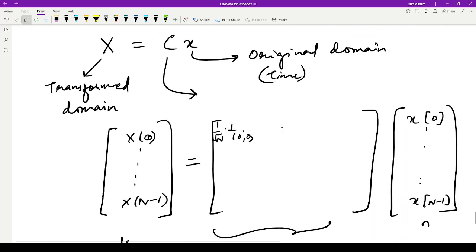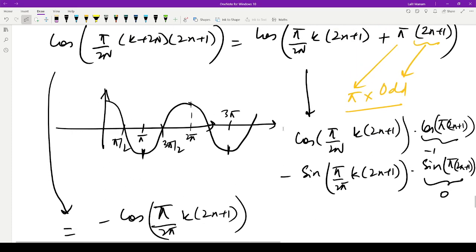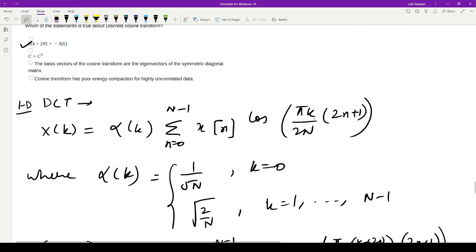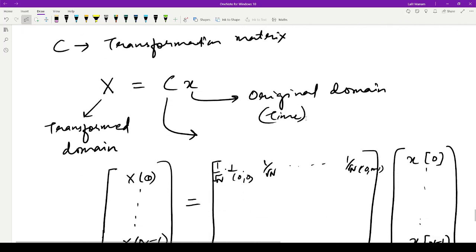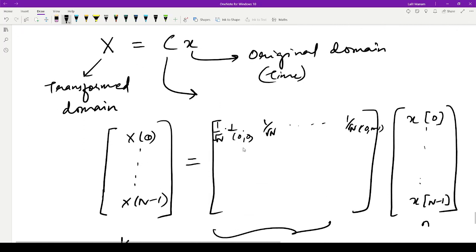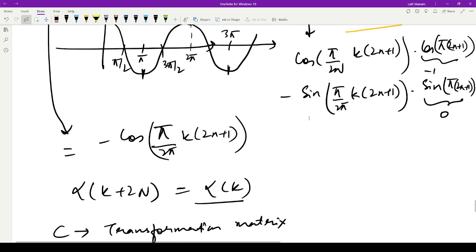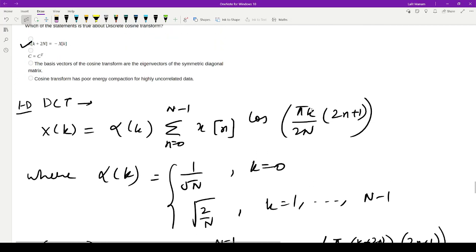Yeah, so the first row will be the same. 1 by square root of n, 1 by square root of n. This is for 0 comma n minus 1. It's also the same. What about the first column? Is it the same? This is k equals to 0 row. We will write k equals to 1 and we'll get to see. K equals to 1 is what? Cos of pi by 2n, 2n plus 1.